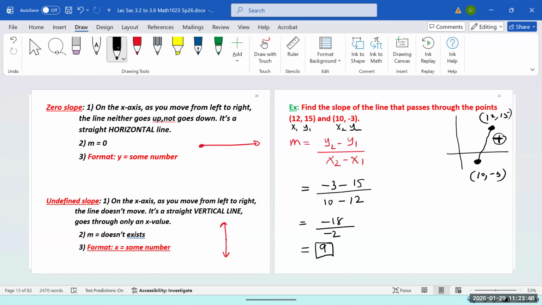Now, this is one way of finding the slope using the formula. But let's say in the exam you forgot your formula. Then what? You do rise over run. So you walk your slope. Remember, slope is y change divided by x change. So from here to here, how much is the y change?